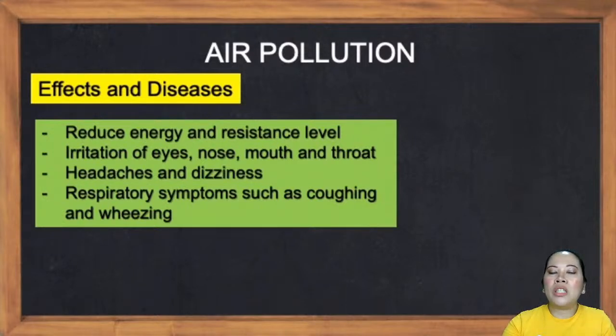When we talk about effects and diseases, the most common diseases caused by air pollution are, of course, those of the system that takes in air, where we breathe in and breathe out, our respiratory system. So respiratory or lung diseases are the common diseases of air pollution.